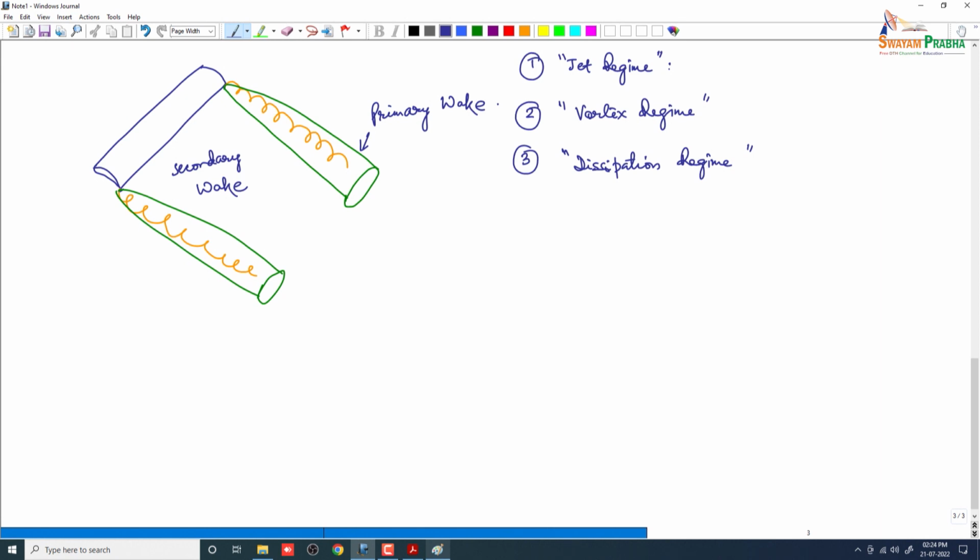Once it completes the dissipation regime, the aircraft-induced motion ceases. It kind of stops. The effect of the primary wake or the tip vortices stops, and then the atmospheric processes transport and diffuse the emissions further on.